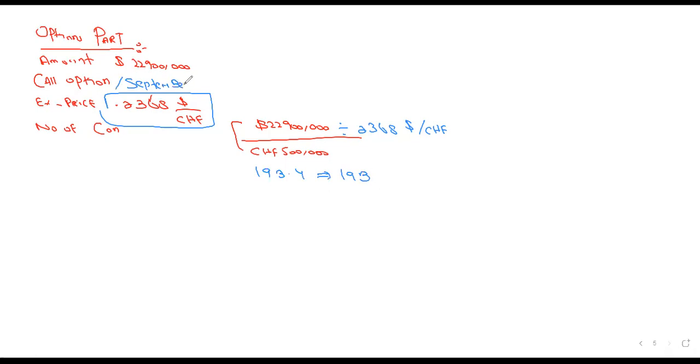Now, guys, remember, in the case of the options, you always pay the premium in advance. So the premium cost formula is number of contracts into contract size into premium in cents.